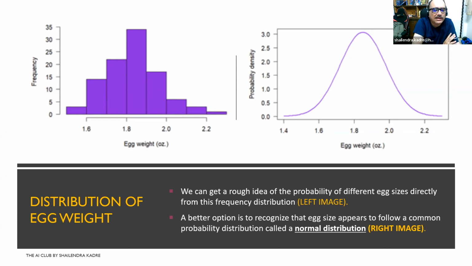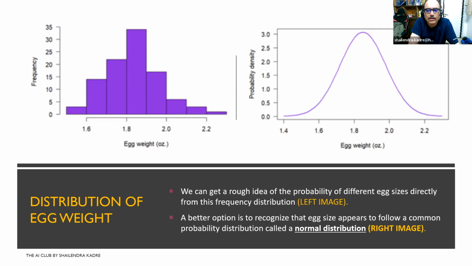Between 1.6 and 1.7 there are 14 eggs, so that probability will be 14 by 140. Like that, I have calculated the probability and plotted it on the y-axis. So that is my distribution. Is this understood? That's how I got the right-hand graph from the left-hand graph.